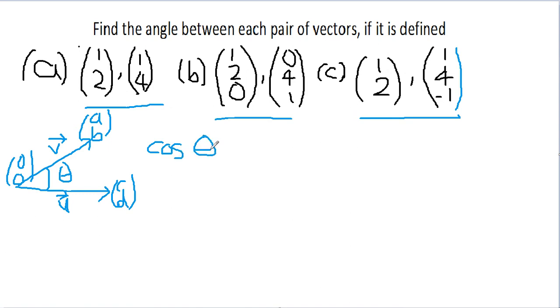Cosine theta equals the dot product of u times v, divided by the magnitude of u times the magnitude of v.